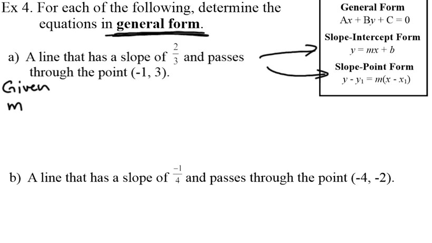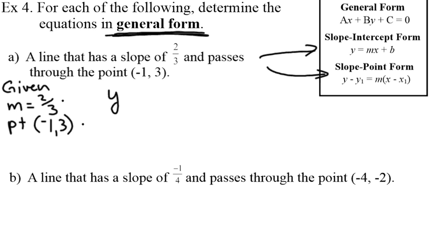We're given a slope of 2 over 3, and we're given the point that it passes through as negative 1, 3. Well, if I'm given a slope and a point, that's slope-point form.